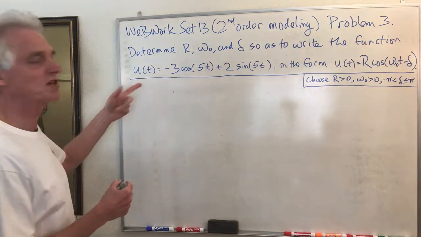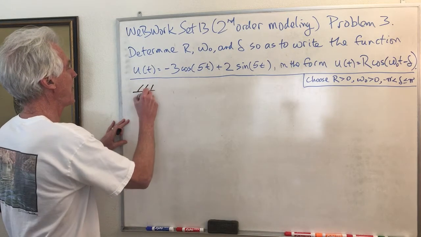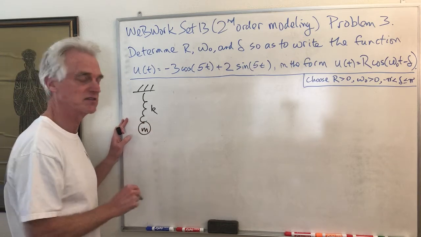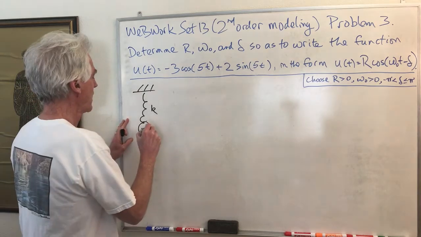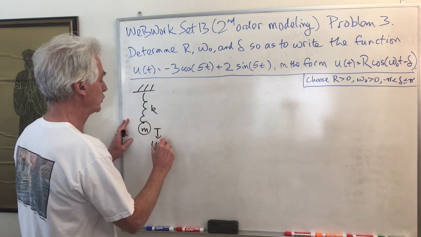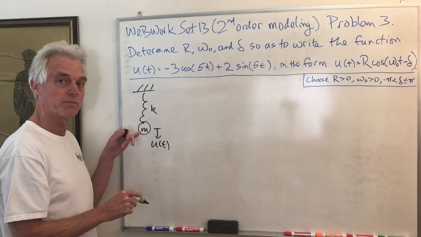So let me start by giving a little bit of the background of this. You might remember that we have a mass on a spring. In this case, u of t is the distance below the equilibrium.